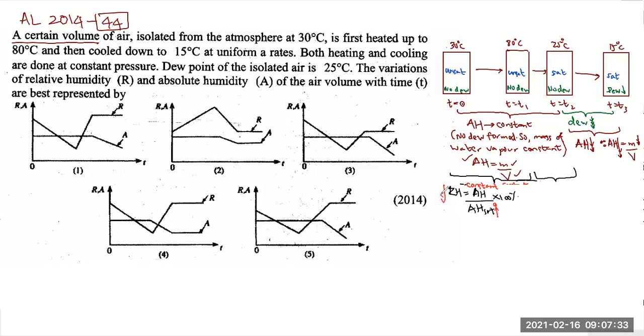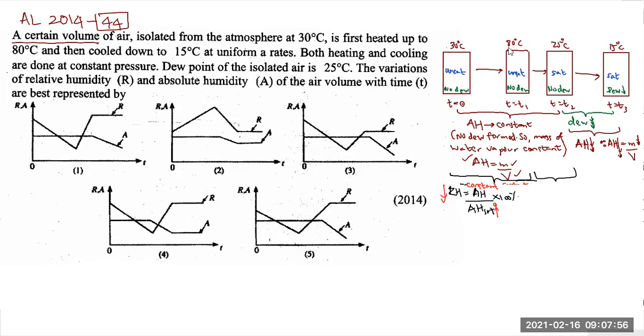So RH is going to reduce. Why is it happening? We have learned that when you increase the temperature of an air sample, its ability to contain water vapor increases. Therefore, as the temperature increases, absolute humidity when saturated will increase. So RH has to reduce.